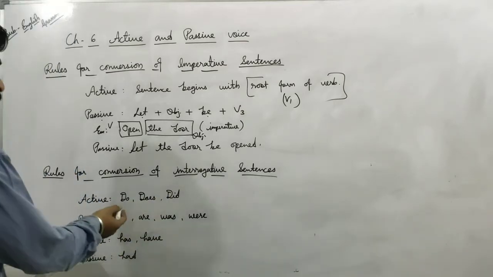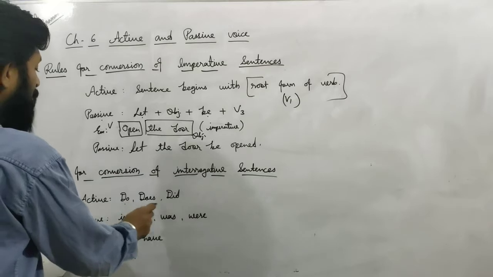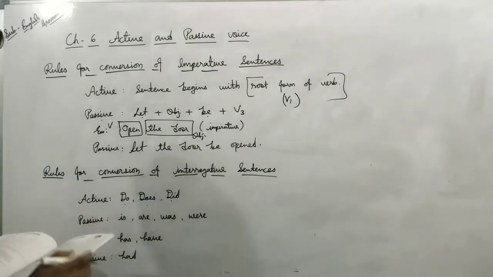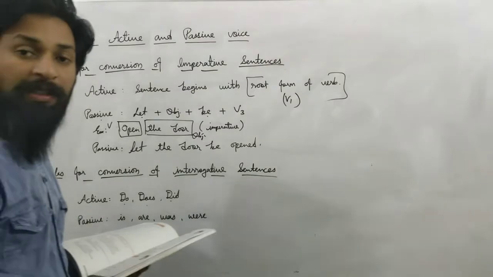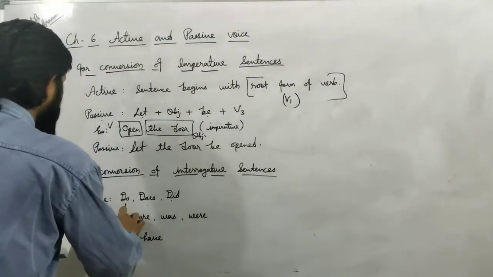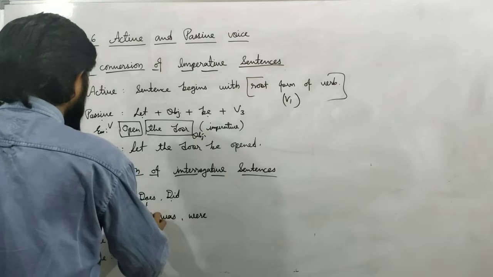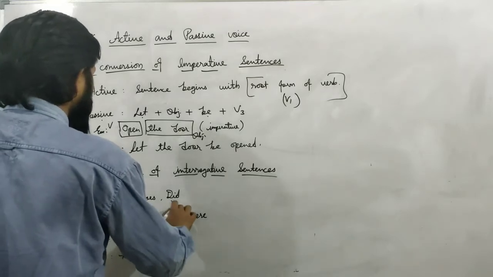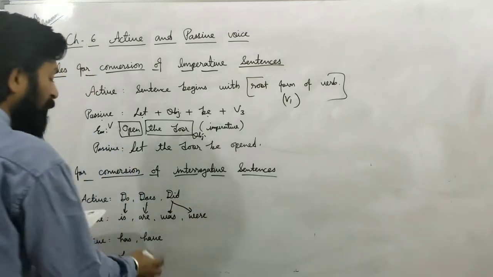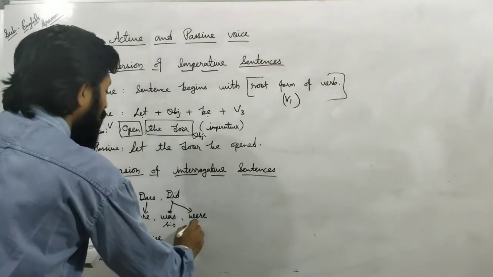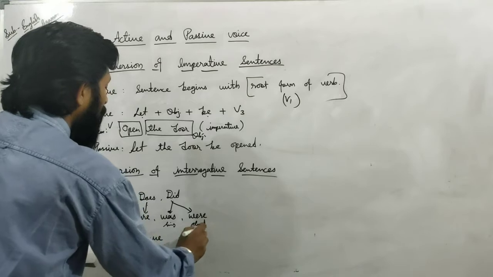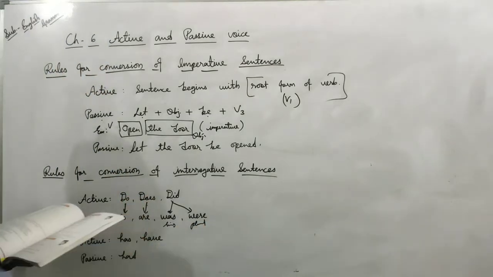First, if do, does or did are given in the active voice, then when we construct the sentence into passive voice, we have to change do into is, does into are, and did into was and were according to the condition. If the subject is singular, we write was. If the subject is plural, we write were. According to the condition we have to use them.